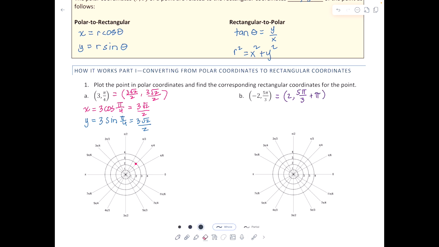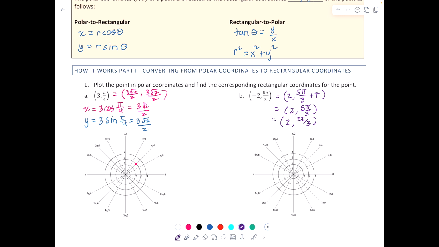So 5 pi over 3 plus pi is going to take us into quadrant 2. So we'll be coterminal with 2 pi over 3. Are we okay with that? Let's see. We'd first get 8 pi over 3, but then we'd recognize that that's coterminal with 2 pi over 3. Groovy?